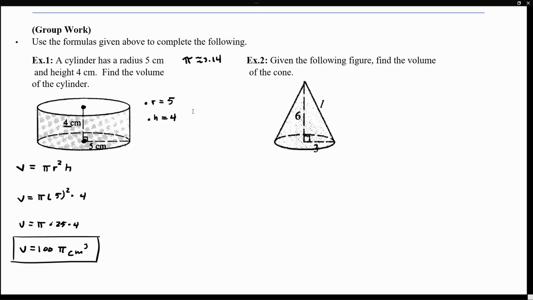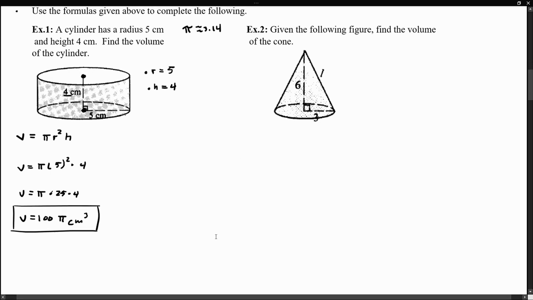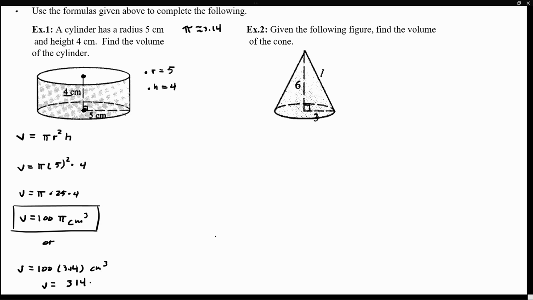So this is an exact representation of the volume, but if we want an approximation, then we can just multiply 100 times 3.14 centimeters cubed. And if we do that, this is going to be equivalent to 314.2 centimeters cubed.